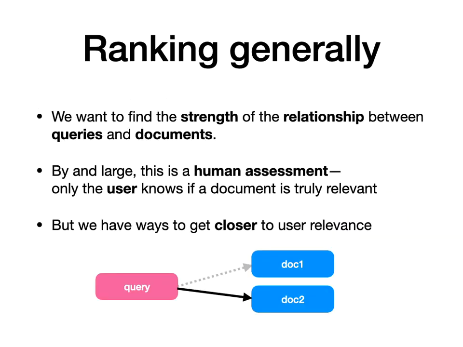So for ranking a set of results, what we're trying to figure out is the strength of the relationship between a given query and a document, or each and all of the documents, right? Of course, when it comes down to it, the only way you actually know this for a person is what they tell you. The user is going to figure out if their document is actually relevant.